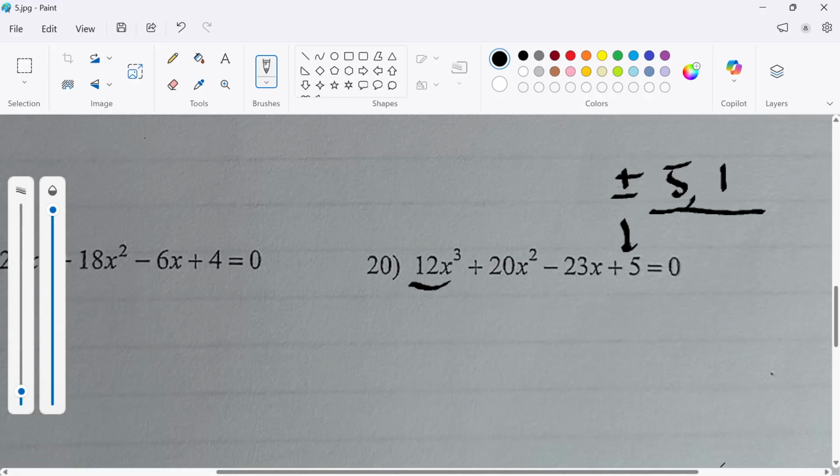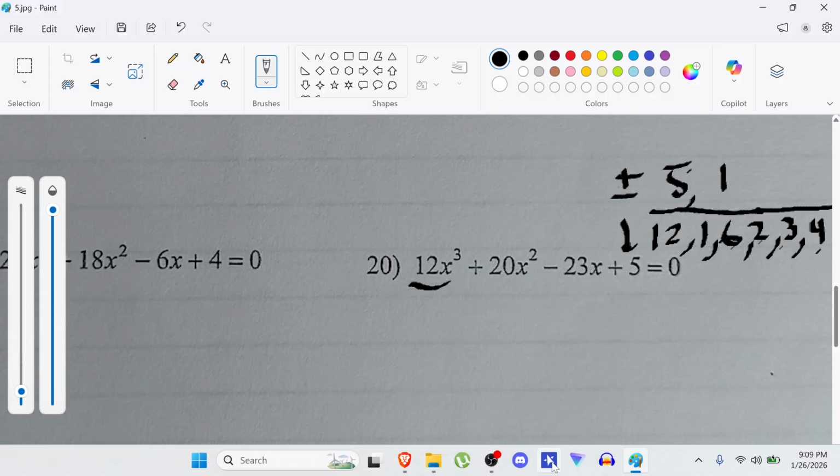Sometimes they'll jumble these and put the x with the highest power not in the beginning, just to throw you off. So it's going to be 12, 1, 6, 2, 3, 4. So that's 12 different roots I have to check.